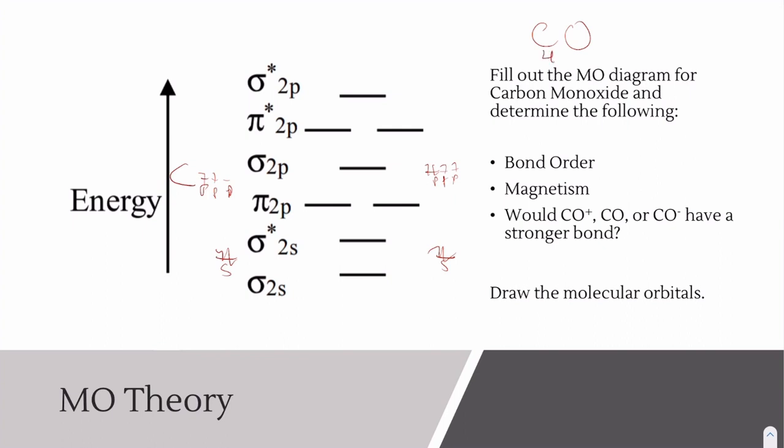In this case, we have 4 coming from carbon and 6 coming from oxygen, which is 10 valence electrons. So I'm going to fill 10 valence electrons into this diagram: 1, 2, 3, 4. Now I'm going to count 5, 6. The reason we do that is according to what we call Hund's rule. This is not too important right now, but it'll become important once we get into more complex stuff, and it may even determine whether something is diamagnetic or paramagnetic.